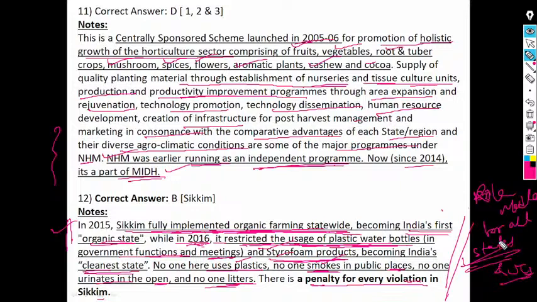Sikkim is one of the smallest states after Goa. If such a tiny place can do it, why are the other states not going to implement the same thing?